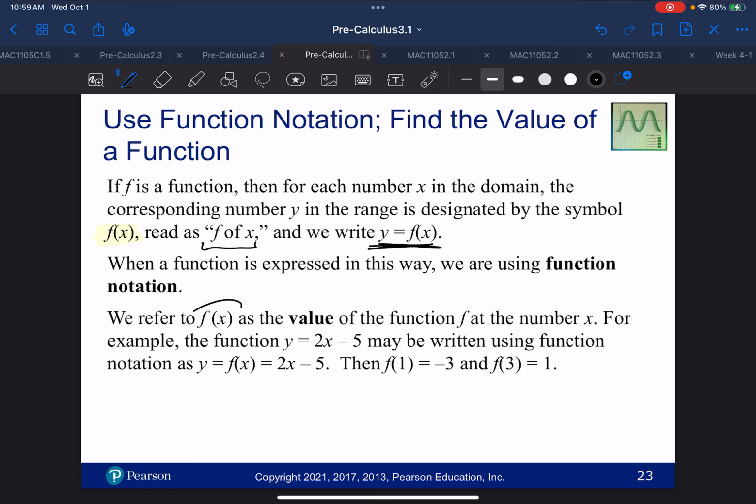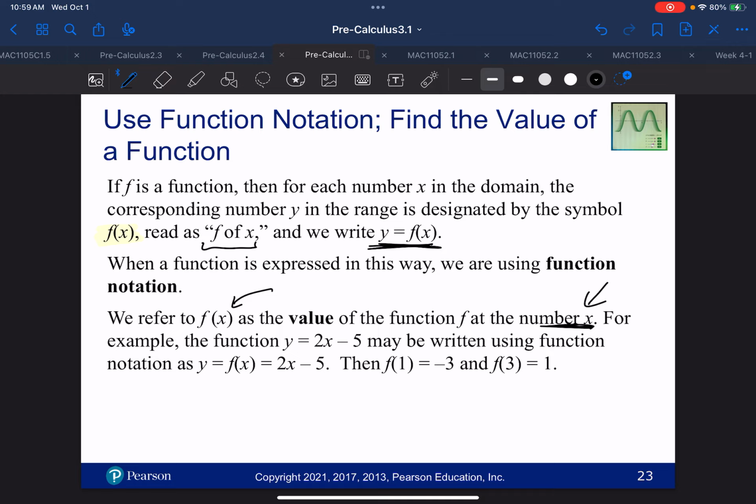So f of x is just notation. It's a way to name a function, and it means that it's in terms of x, which means x is the unknown variable. And f of x is the value of the function f at the number x. So it is the value of y when x is equal to x.